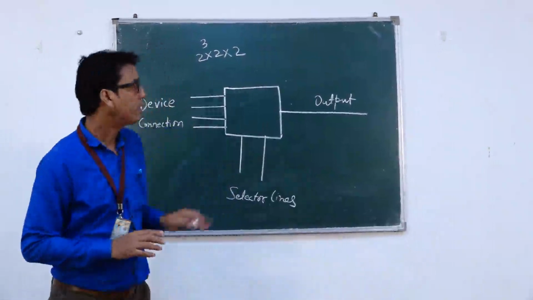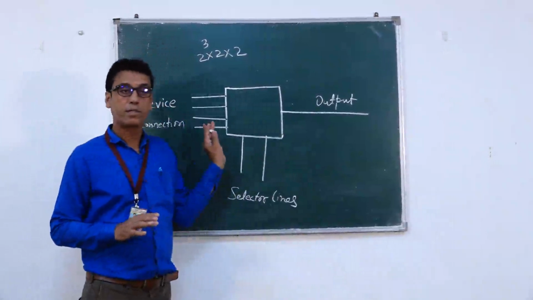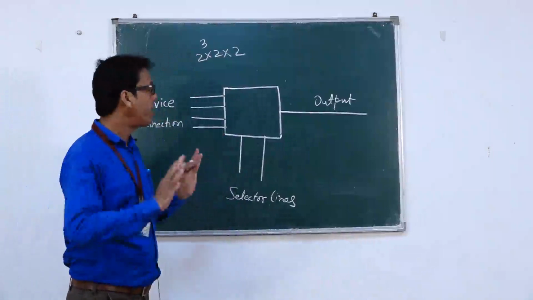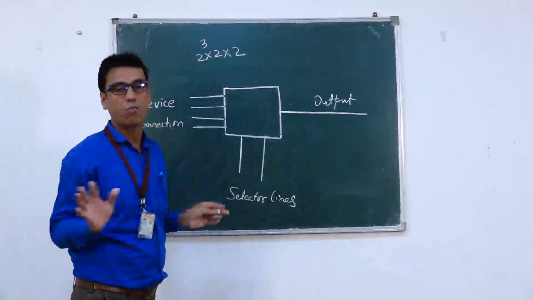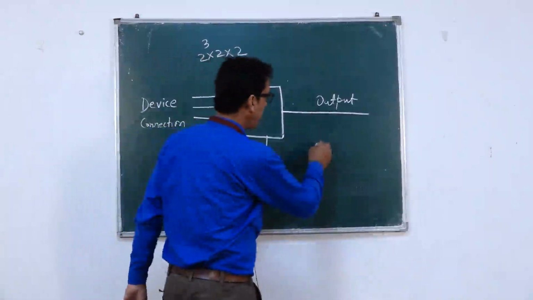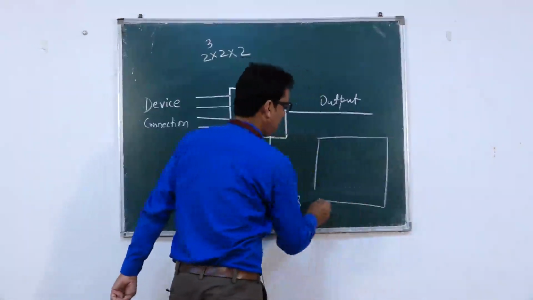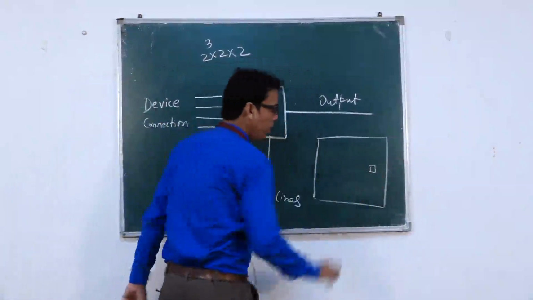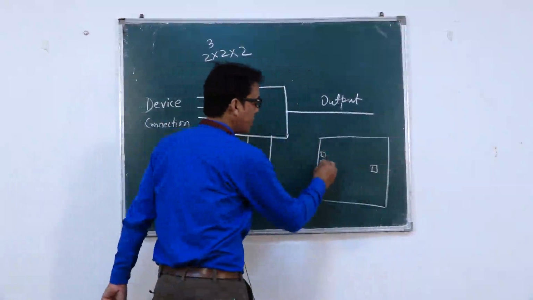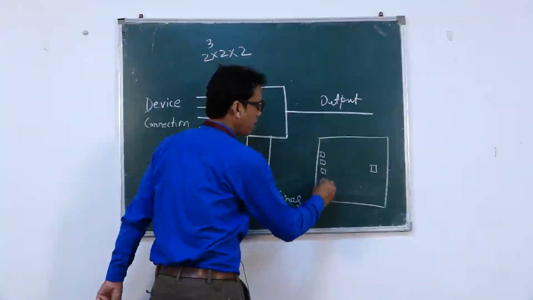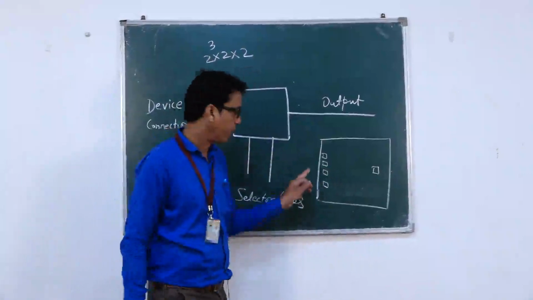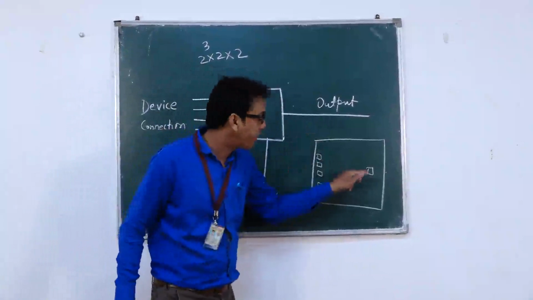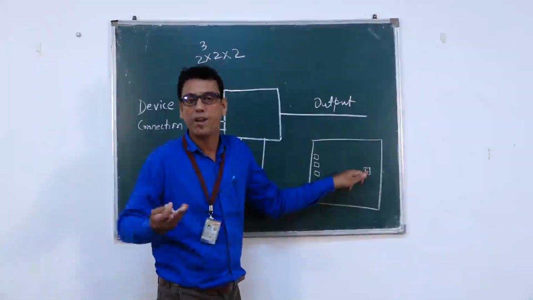To understand the purpose, we have to first of all explore the internal need of the motherboard. See, if this is a motherboard, and suppose there are 4 devices, and these 4 devices need to send data to this end often.